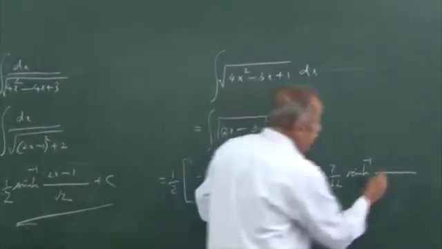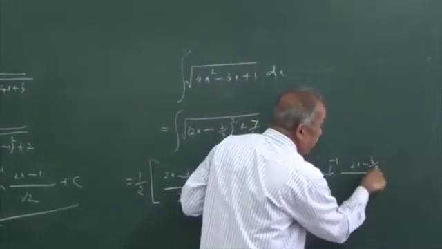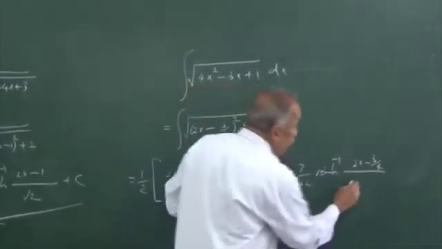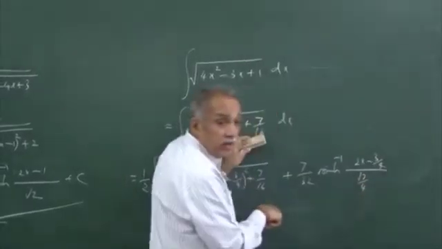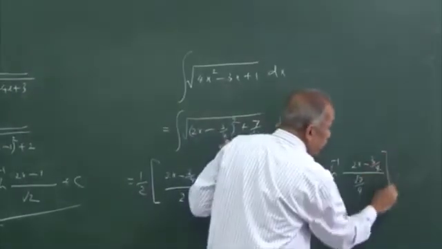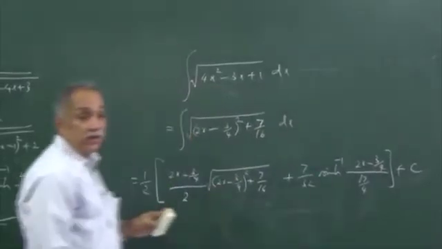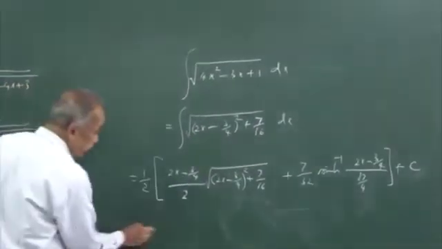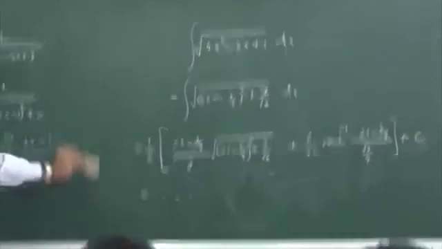X is 2x minus 3 by 4 divided by a, root of this, root 7 by 4, agreed, over, plus a constant of integration. Slight simplification is possible. I am sure you will be able to do it.